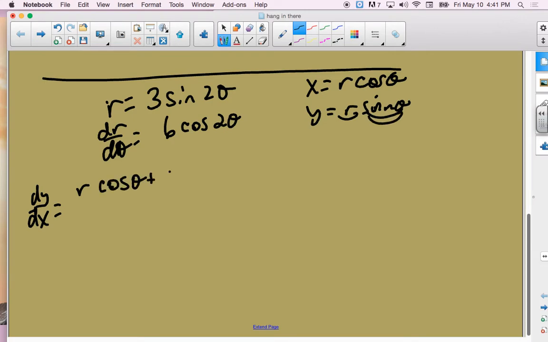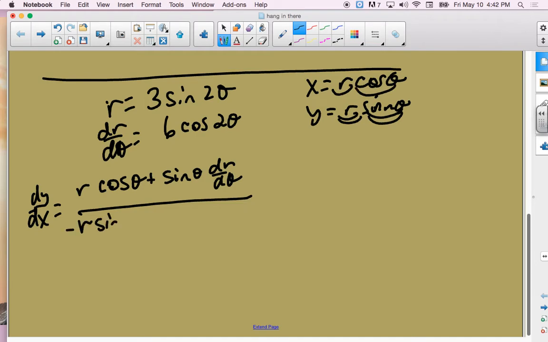plus the second times derivative of the first with respect to theta. And here you have first times derivative of the second plus the second times derivative of the first.